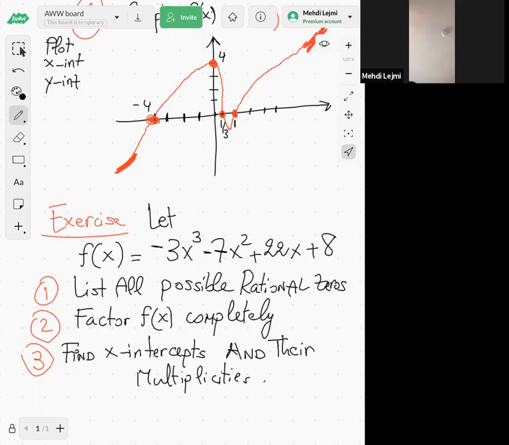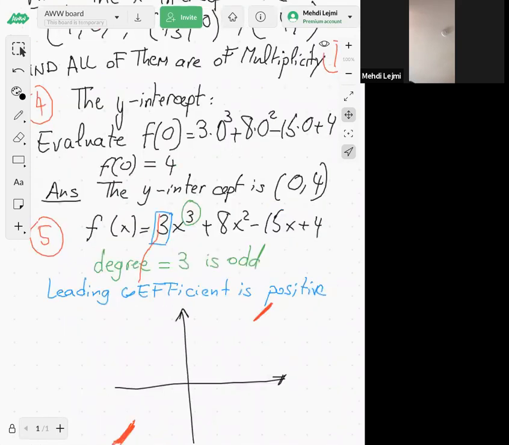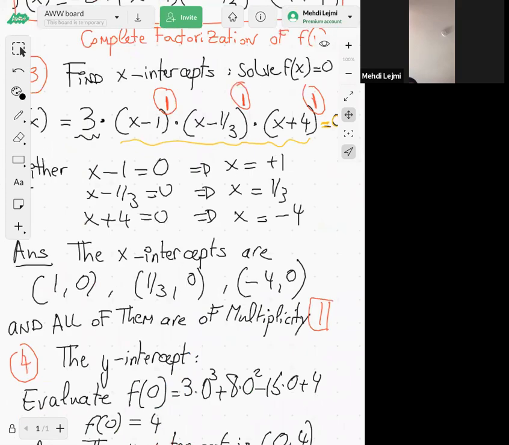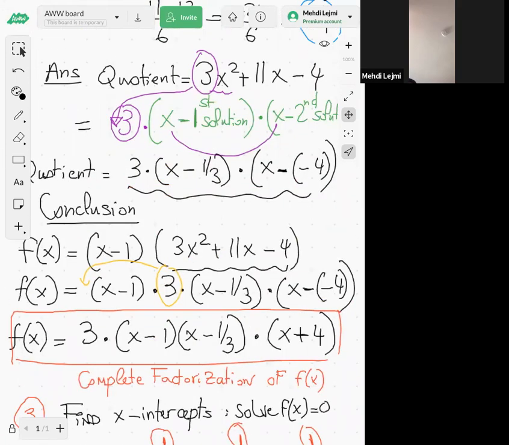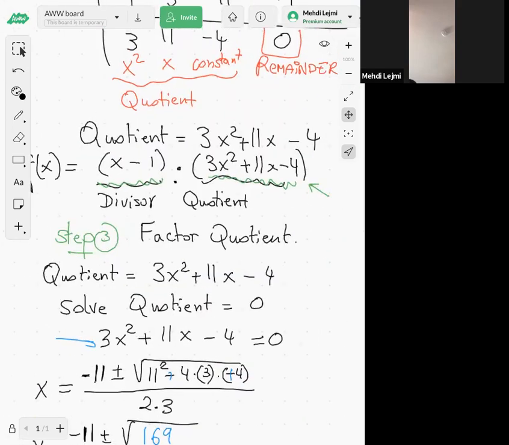Because the remainder should be 0. No, not by -2, it should be +2. Like in our example, you divide by x minus 2, so your c should be +2.